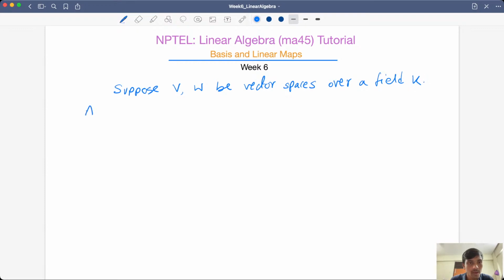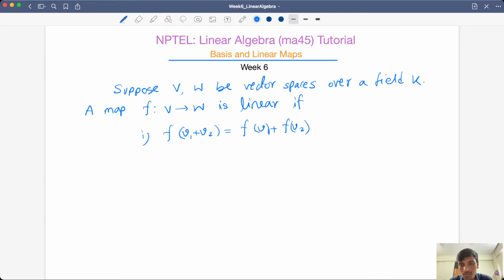A map f from V to W is linear if it respects the structure. It is additive, first of all: f of v1 plus v2 is the same as f of v1 plus f of v2, for all v1, v2 belonging to V. Second, it is linear with respect to scalar multiplication also.